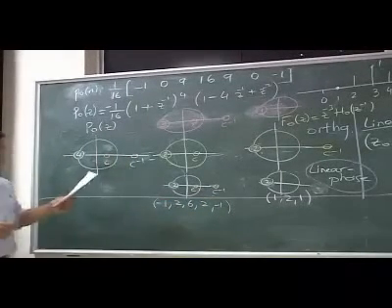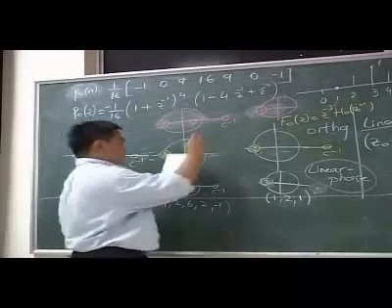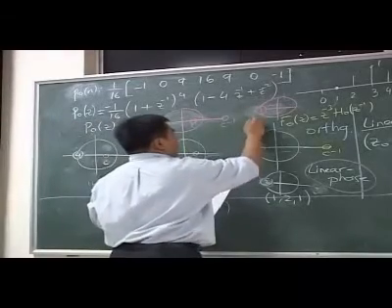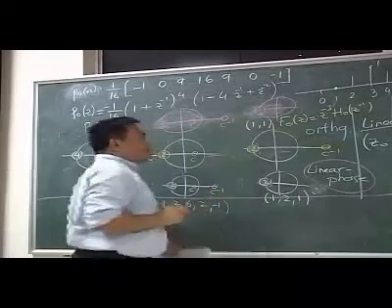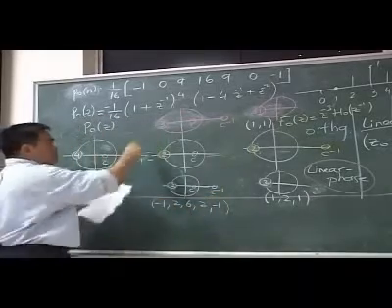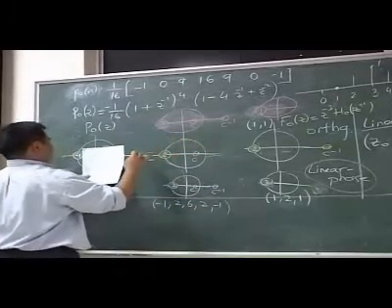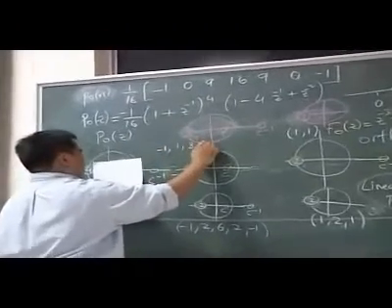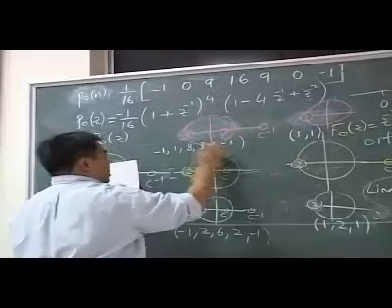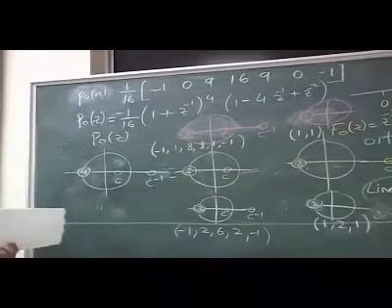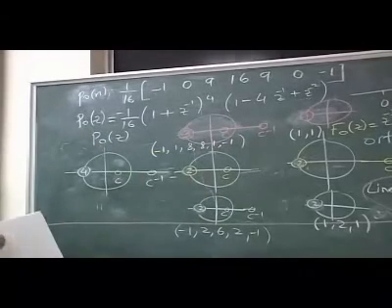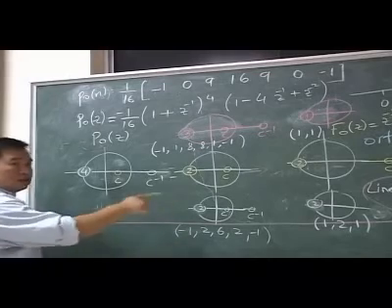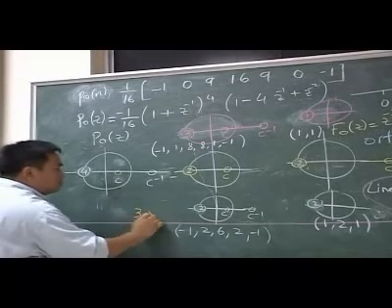This is 1, 1, that's 1 plus the inverse. This guy is -1, 1, 8, 8, 1, -1. This choice is called the 3-5 system.